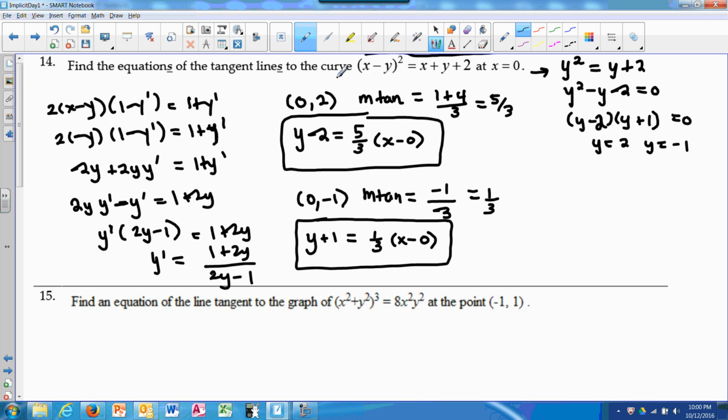So if you need the x and the y point for your derivative, and you're only given the x point, you will always go back into the original curve to find the x or y value for your coordinate point.